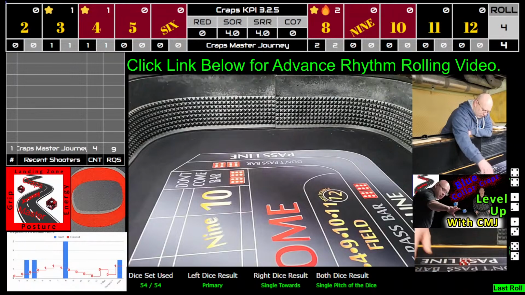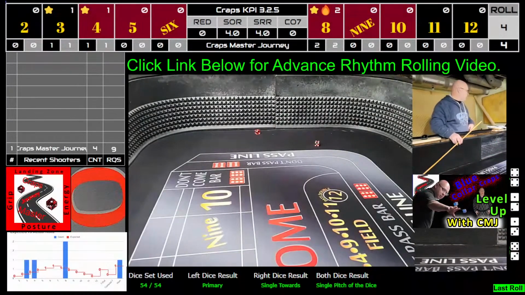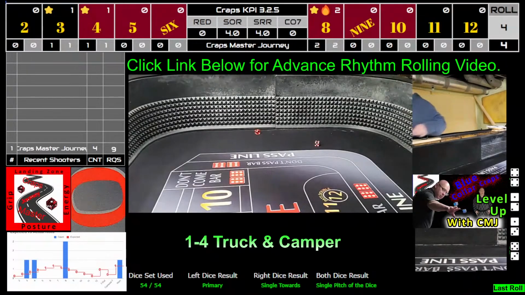5454. Here we go. The right one stopped. We got a 145 truck and camper. So we're marking a point of 5.